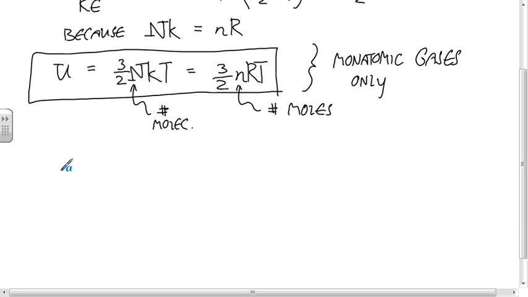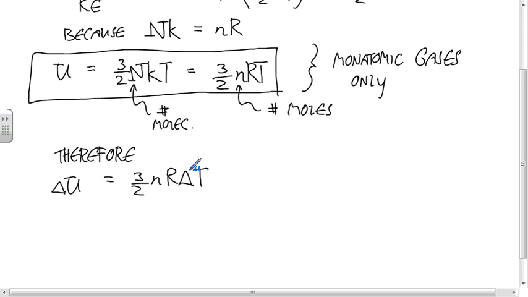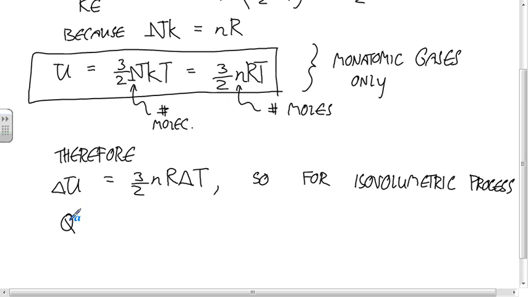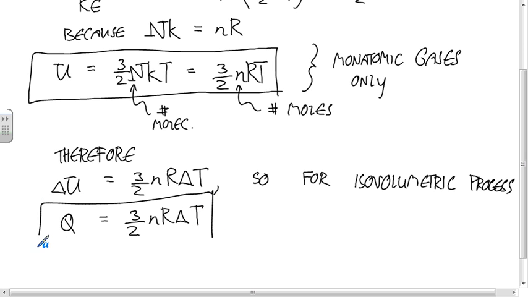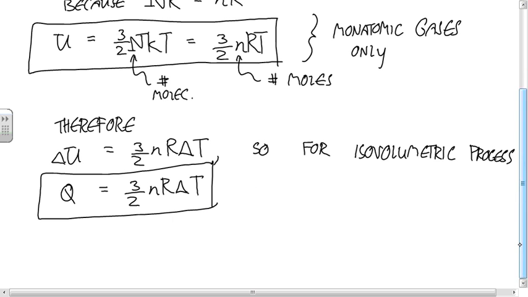So that means that a change in internal energy has to be equal to 3/2 nR delta T. So for an isovolumetric process, the heat added is equal to 3/2 nR delta T. And again, this is for monatomic gases only.